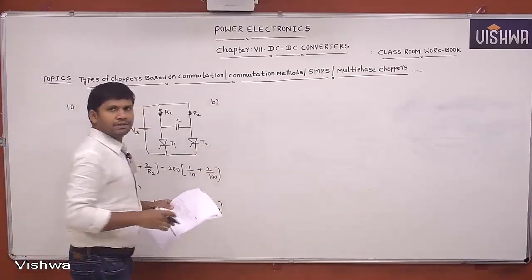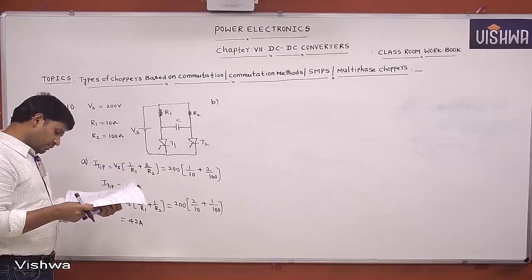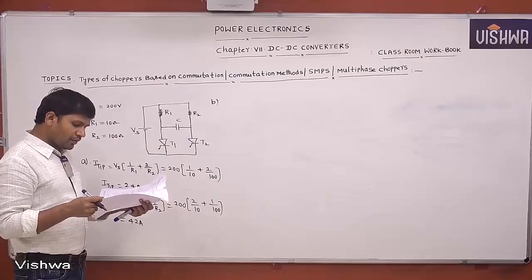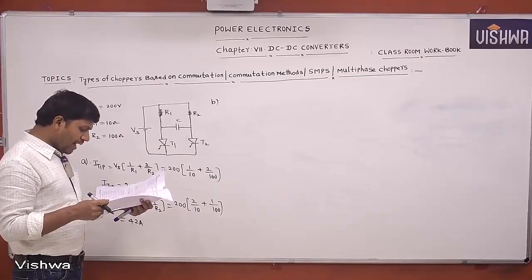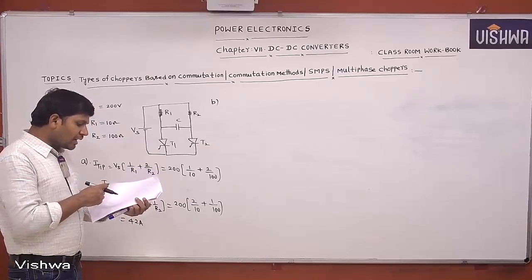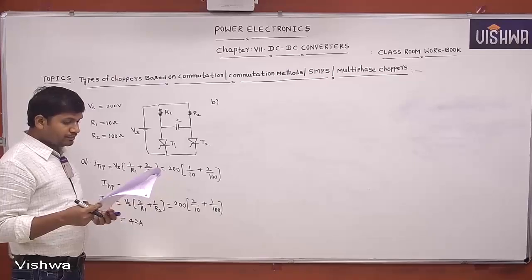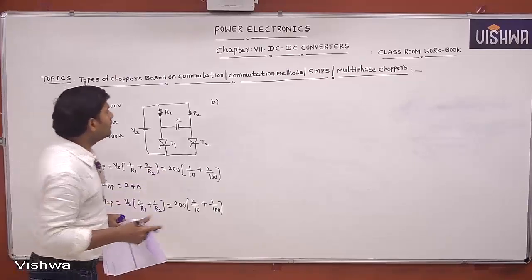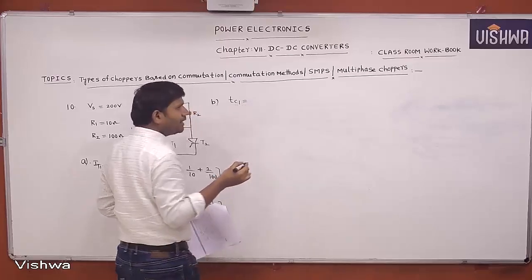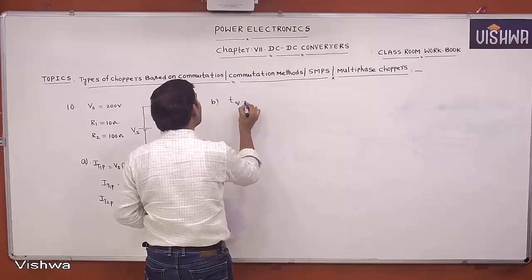What is the B question? Concentrate. Find the value of capacitor C if each thyristor has turn off time of 40 microseconds. Take a factor of safety equal to 2. Each thyristor turn off time is given, that is 40 microseconds.